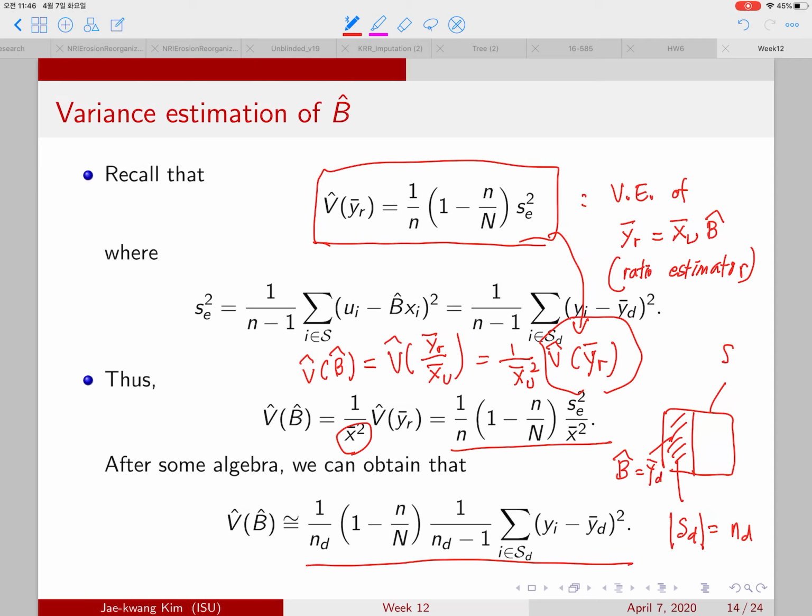The message is that you can basically treat it as a sample of size n_D from a population of size N_D, and we'll prove this approximation in the next class.